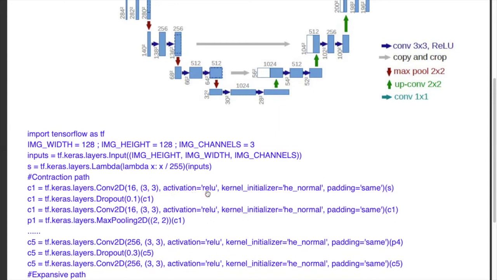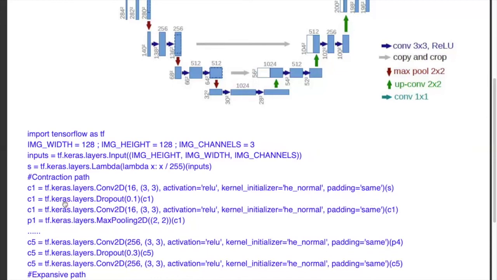For activation we are using ReLU. Typically for the middle layers, ReLU activation is used. And then kernel initialization: the paper suggests using a Gaussian normal distribution. Same thing goes here, He normal is a normal distribution, but it's truncated from both sides so it doesn't go to infinity. And then instead of mirroring, we use padding.